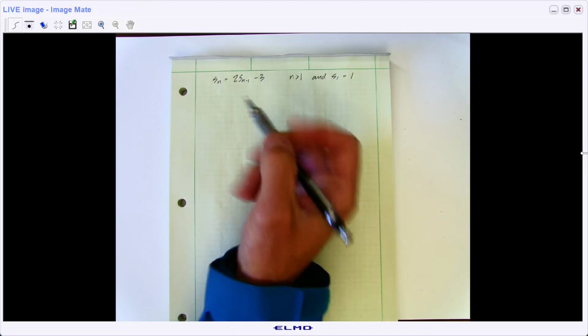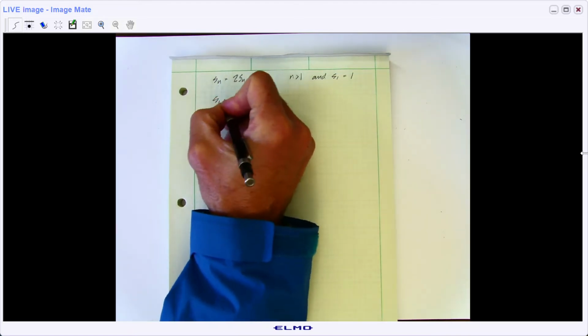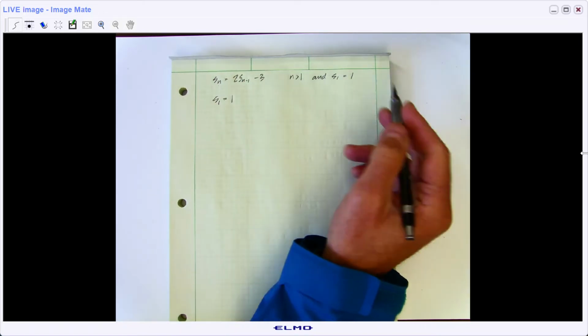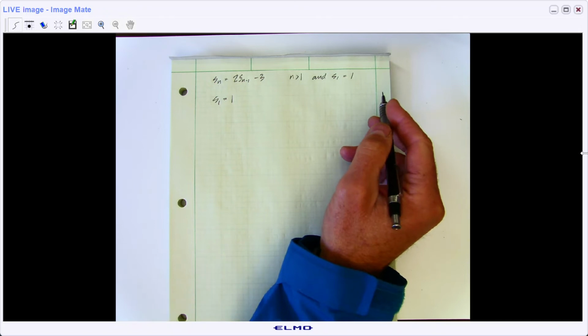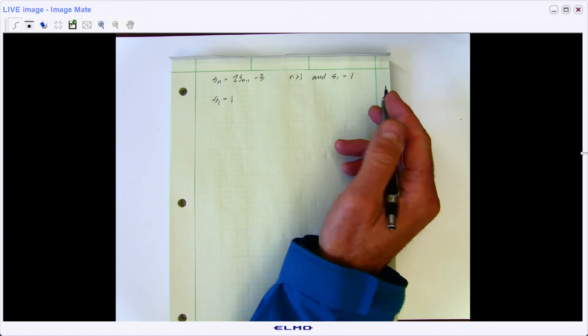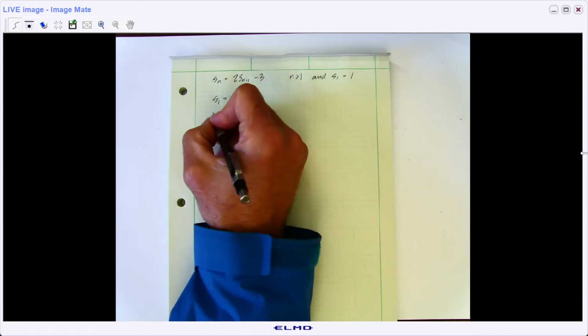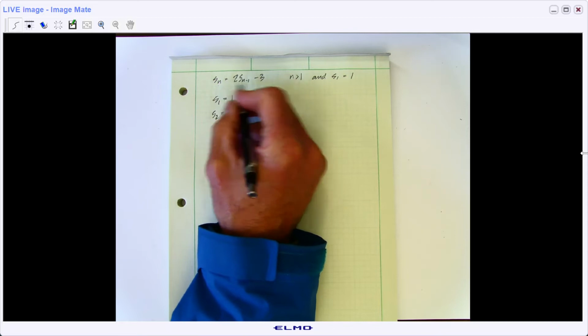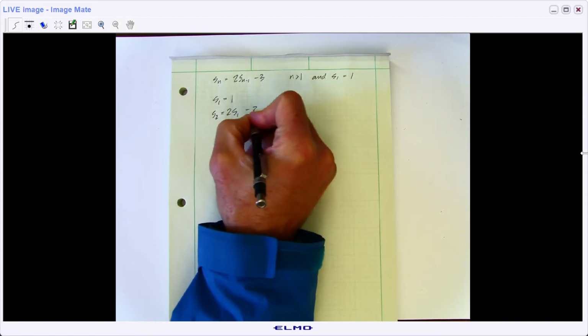So what we know right away from the definition is S1 is equal to 1. And then the n's are greater than 1. So, of course, this is just 1, 2, 3, 4, 5. They're integers, or I should say whole numbers. But if I want to find S2, then what do I do? I take 2 times S1 minus 3.